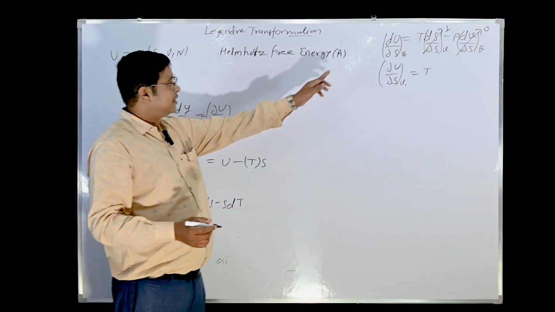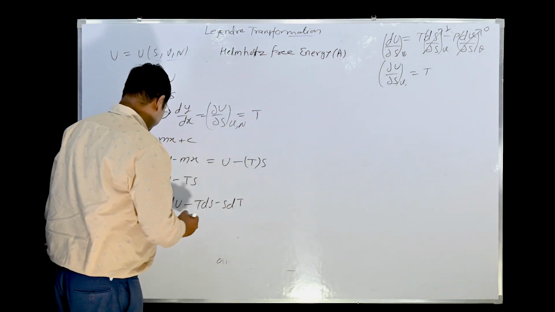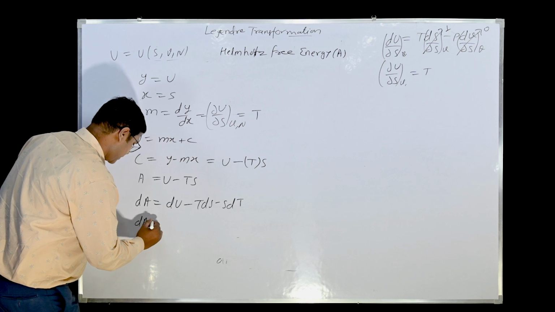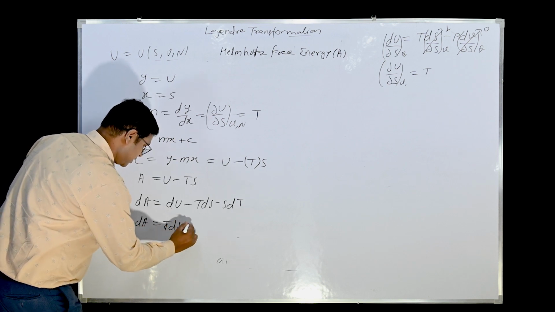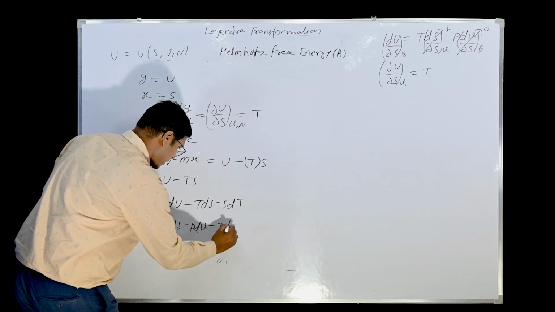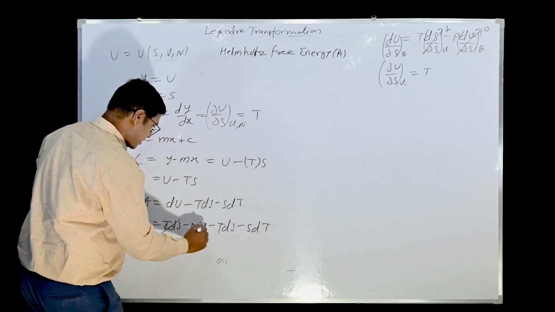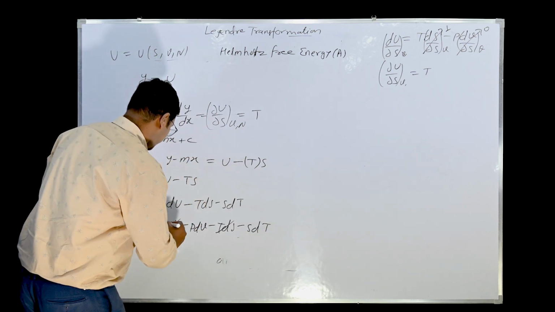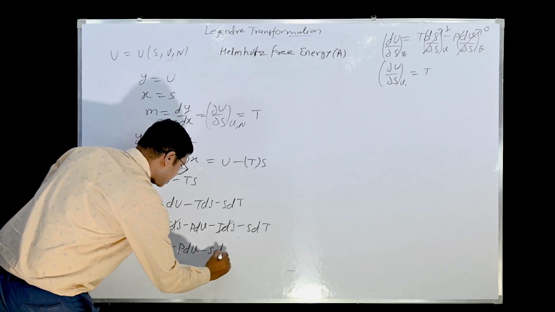Once again we know that du is equal to TdS minus PdV. So we put it here: TdS minus PdV minus TdS minus SdT. So TdS will be cancelled and the terms remaining are minus PdV minus SdT.